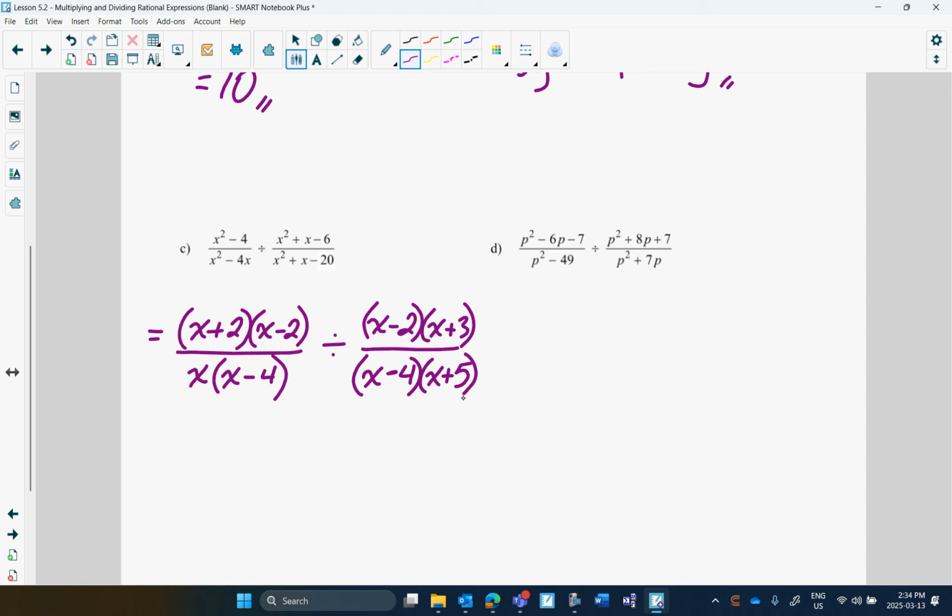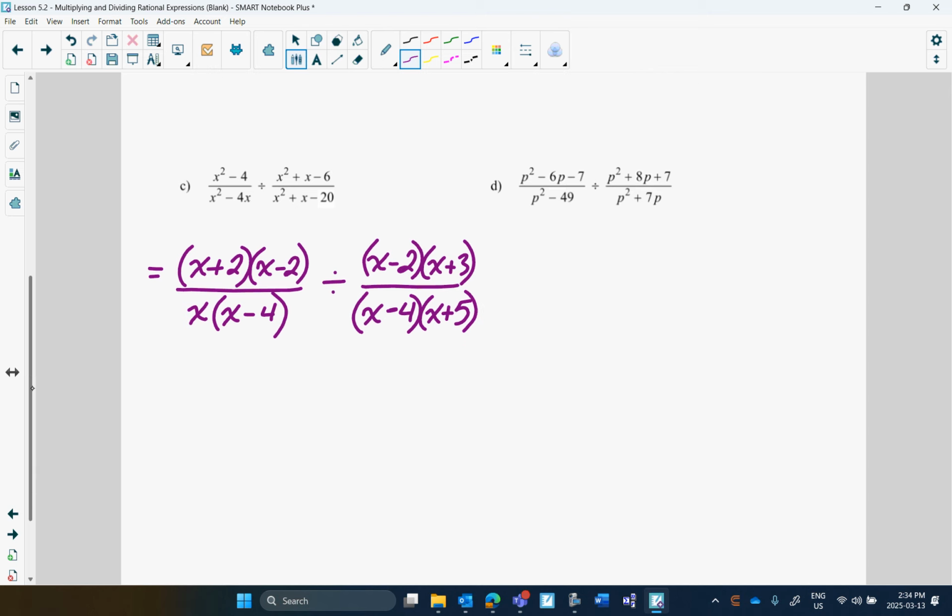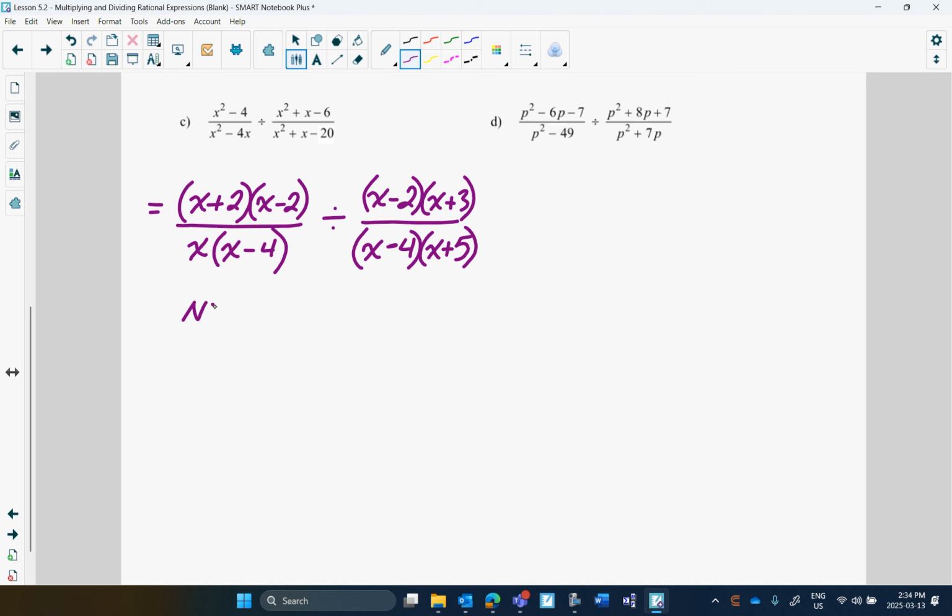Don't flip yet. Do your NPVs. When it's in division form, what are the NPVs? 0, 4, we don't have to write it twice, -5. Now flip the second fraction. First one doesn't move, doesn't change.